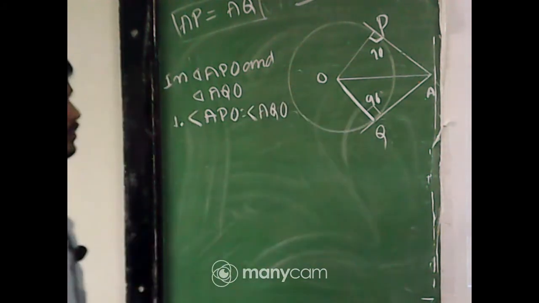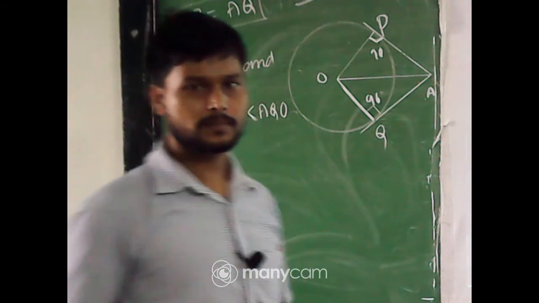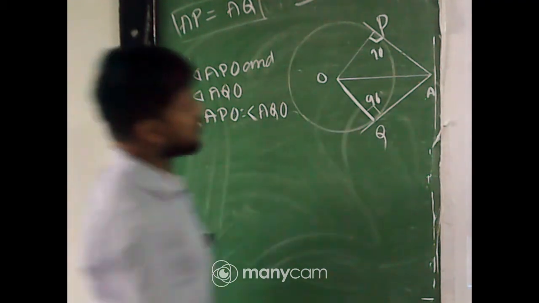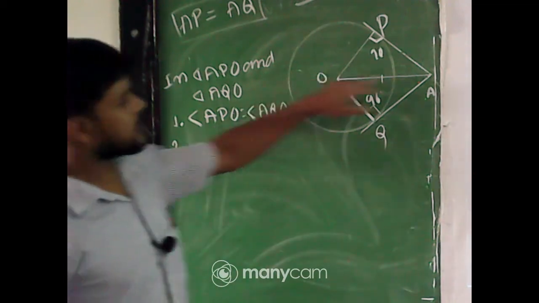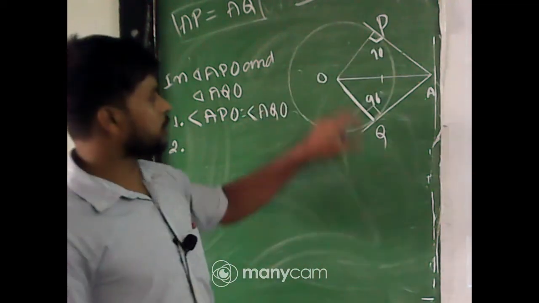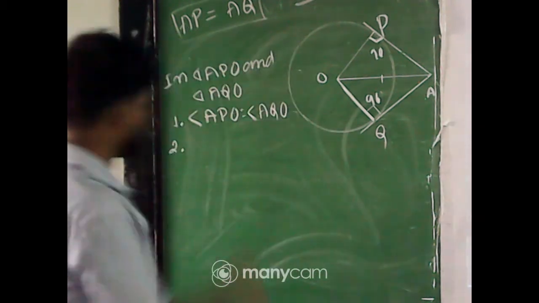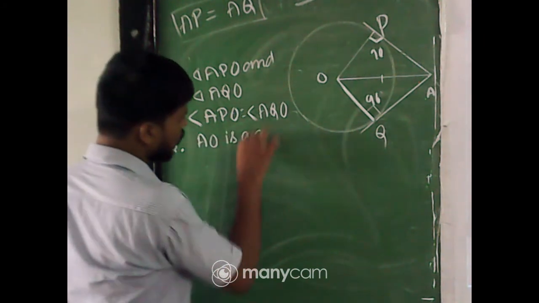Why are they equal? Because both the angles are equal to 90 degrees. Second condition: OA is a side of triangle AOP, and also OA is a side of triangle AOQ. Means OA is a common side.